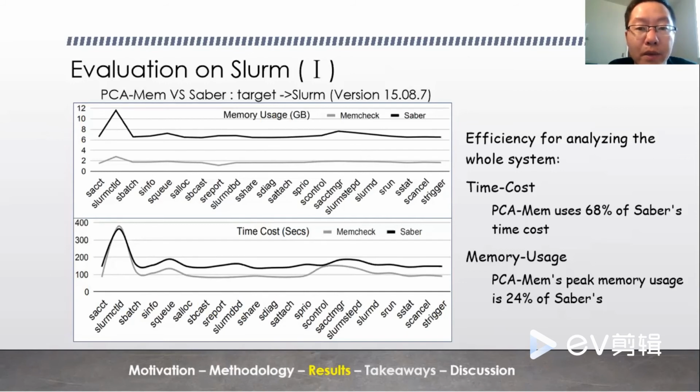Looking at the performance of PCA Man alone, PCA Man can finish analyzing the whole program containing a total of 4,079 kilo lines of code in 40 minutes with peak memory usage of 2.8 GB. Compared to Sabre, PCA Man used 68% of Sabre's time cost and 24% of Sabre's memory usage. So PCA Man's performance is better than Sabre's.